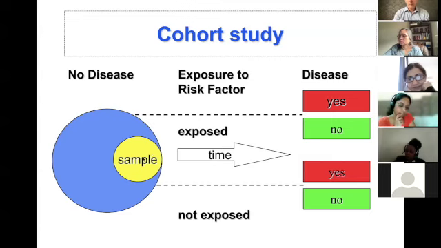Then among them, we identify some who are exposed to a risk factor which we are interested in, and some are not exposed. This is the lower arm here. We follow them over a certain period of time, and we see how many develop the disease in the exposed group and how many develop the disease in the non-exposed group. This is the whole simple principle.